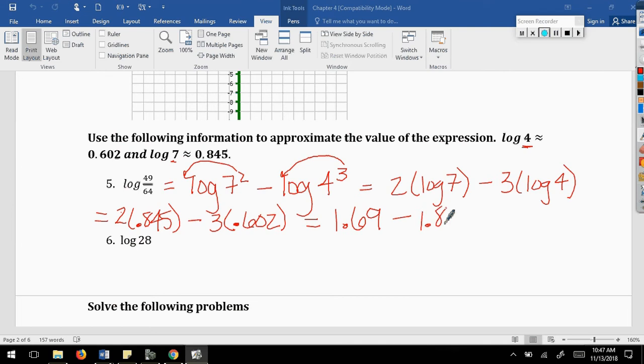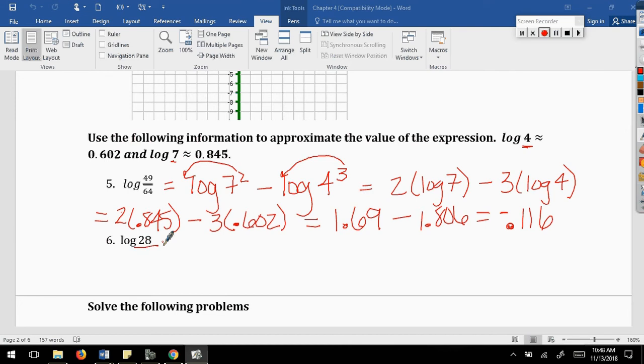And so when these two are subtracted, I get 1.69 minus 1.806, negative 0.116.